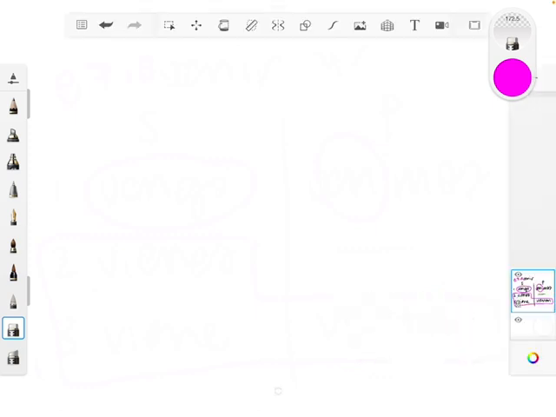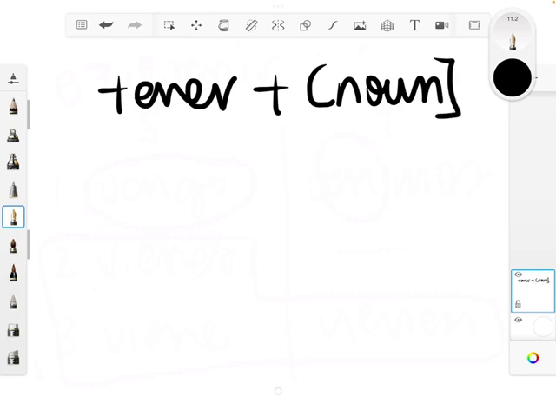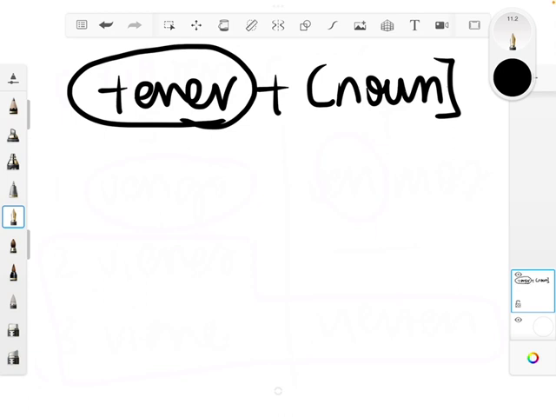All right, so expressions with tener. In certain expressions, Spanish is going to use the construction tener plus a noun instead of ser or estar to express the English equivalent of to be plus an adjective. When you see tener, you're going to conjugate it in order to say the expression.